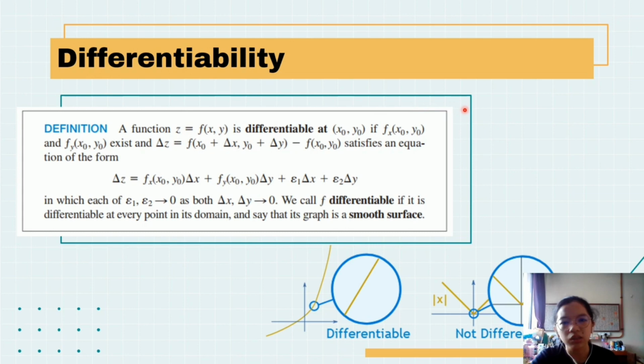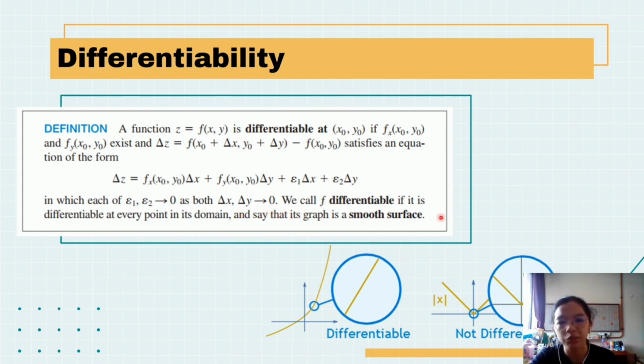A function z = f(x,y) is differentiable at (x0, y0) if fx(x0, y0) and fy(x0, y0) exist, and Δz = f(x0 + Δx, y0 + Δy) - f(x0, y0) satisfies an equation of the form Δz = fx(x0, y0)Δx + fy(x0, y0)Δy + ε1Δx + ε2Δy, in which each of ε1, ε2 approaches 0 as both Δx, Δy approach 0.